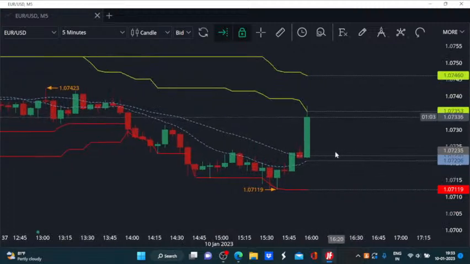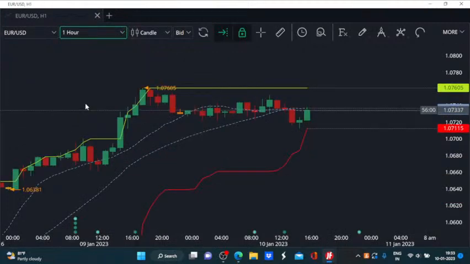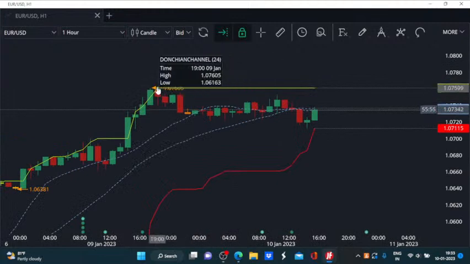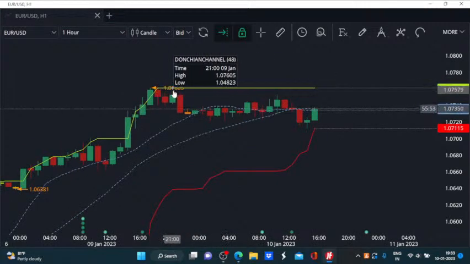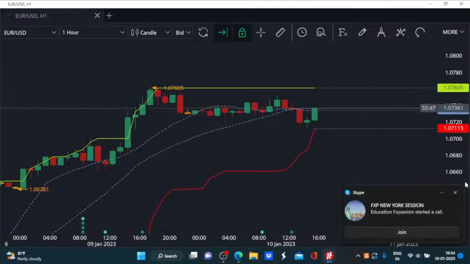So that possibility is there, and keeping up with this hourly formation of higher highs and higher lows, we can expect it to even try to climb past 1.076 in coming hours, or if not in today's session, maybe in tomorrow's session. The chances look quite strong.